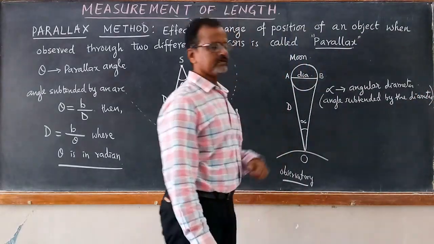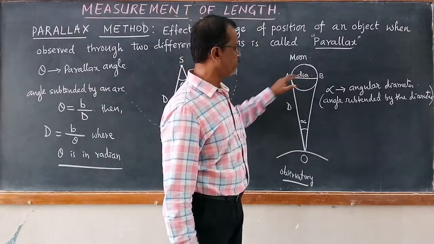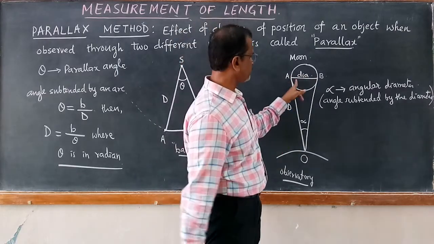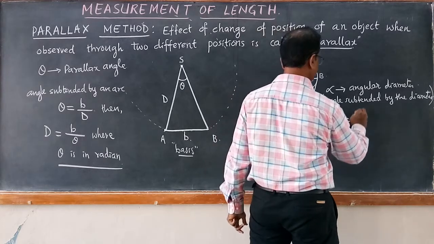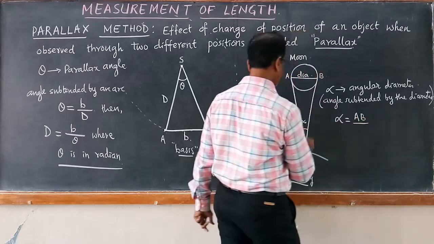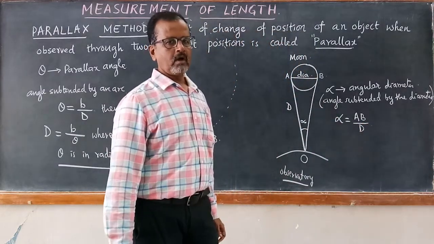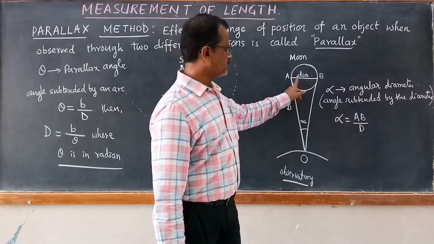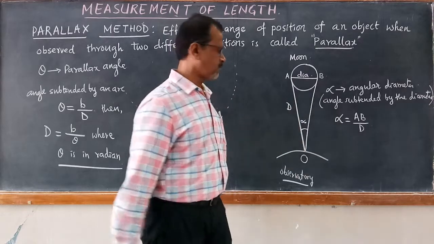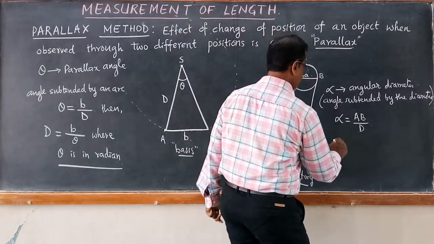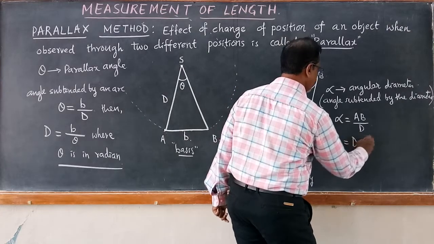So again, by using the same definition of angle separated by an arc, we consider AB to be an arc. Angle separated by AB, if we define, then it becomes alpha equal to AB by the radius. The radius is going to be the distance d. Our task is to find out the diameter. If we know the distance d, we can find out the diameter of the moon. So, if AB is the diameter which we measure, then AB is equal to d into alpha.